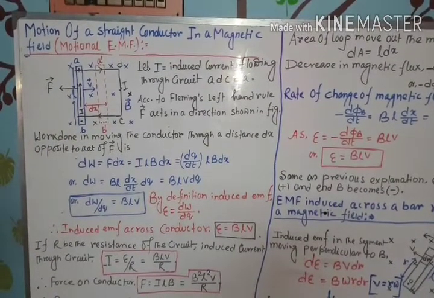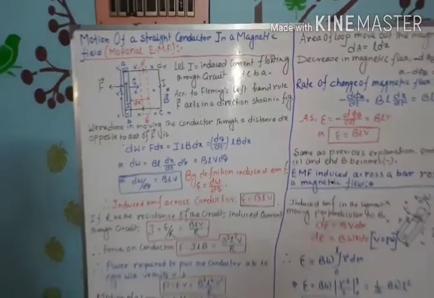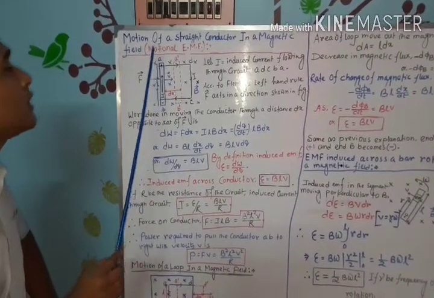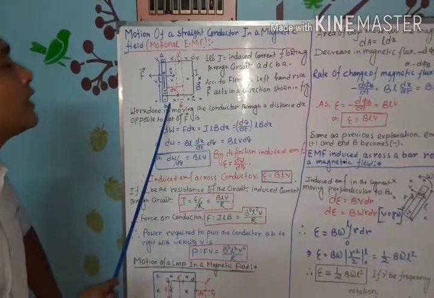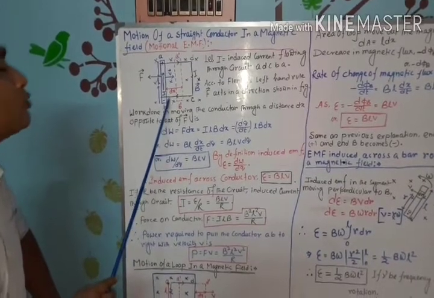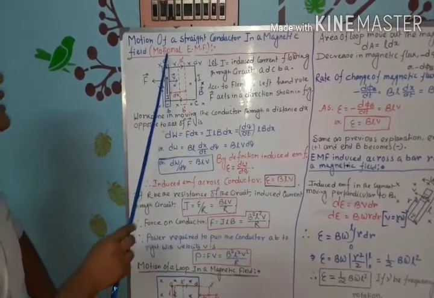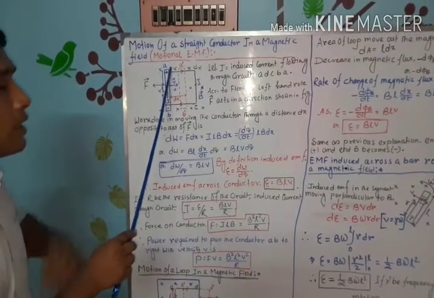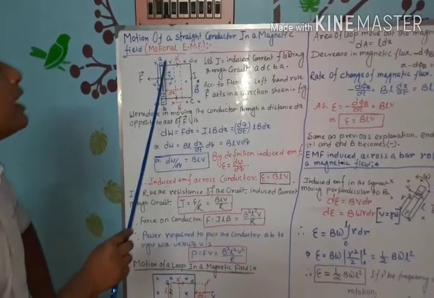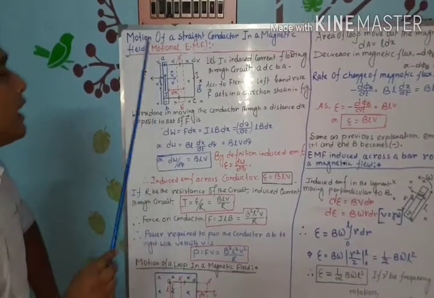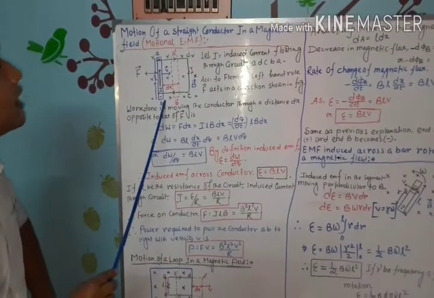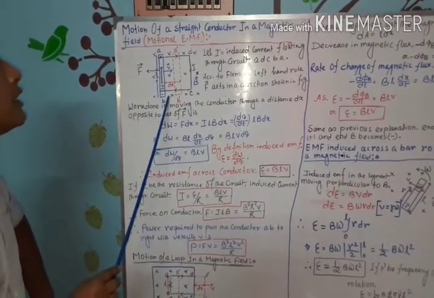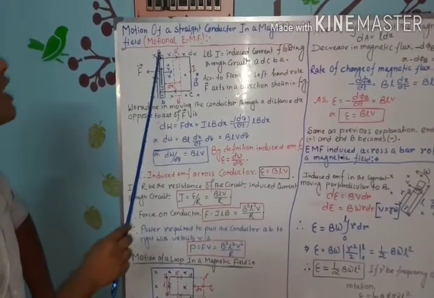According to Fleming's left hand rule, the force acts on the electrons from end A to end B. So at end B there will be an accumulation of electrons, and at end A there will be a deficiency of electrons. That's why end A becomes positively charged and end B becomes negatively charged. This means that across the two ends of the conductor a potential difference comes into play.